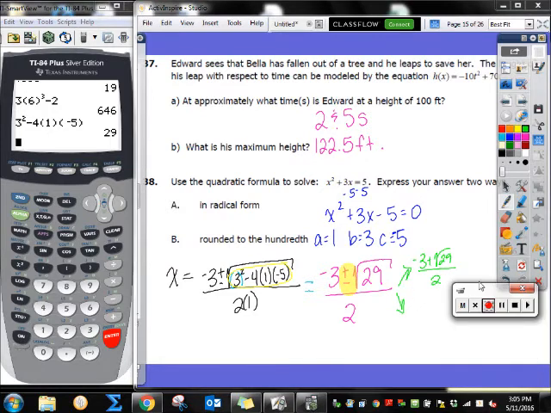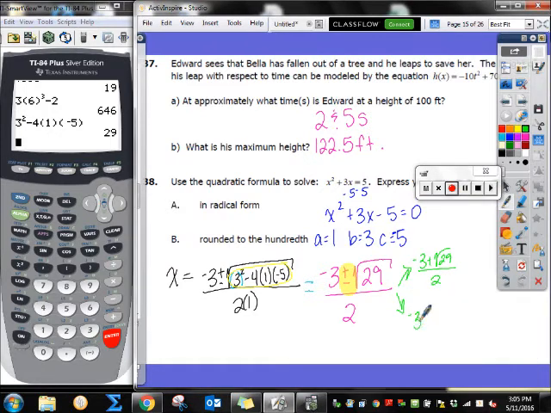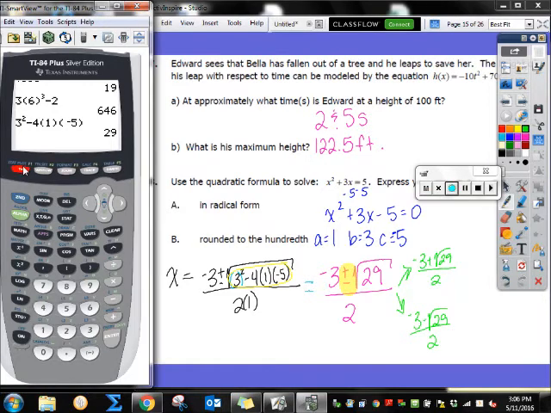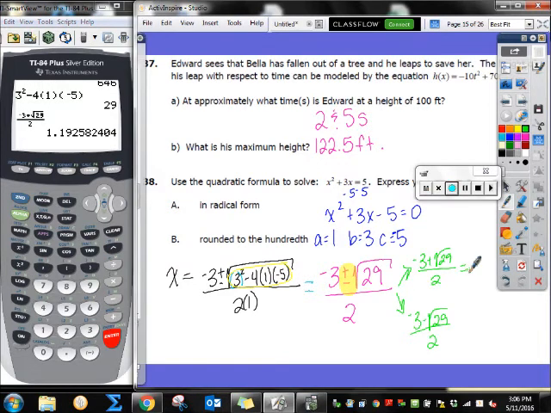The second one is going to be negative 3 minus root 29 divided by 2. You can use that neat trick about the numerator and denominator and put those in. So the top one's negative 3 plus root 29 divided by 2. So that's 1 point, and it says to the 100th, so 1.19.